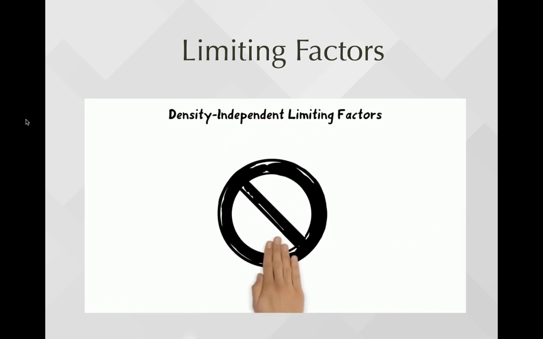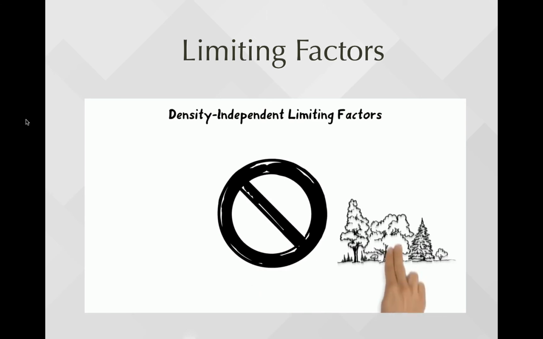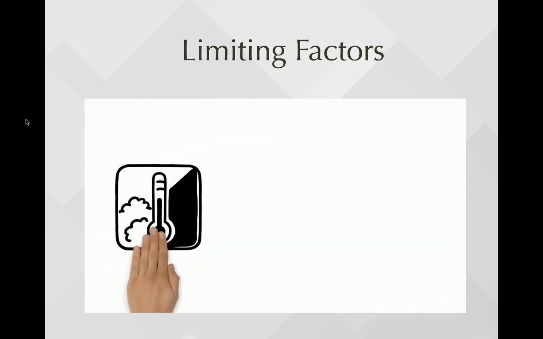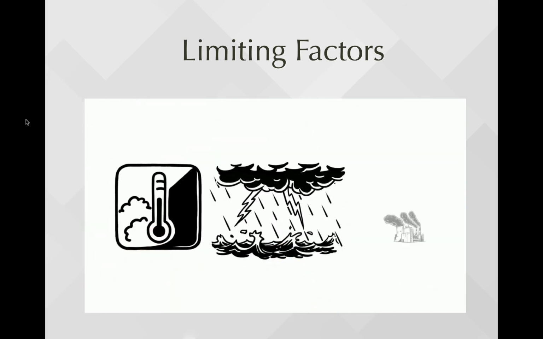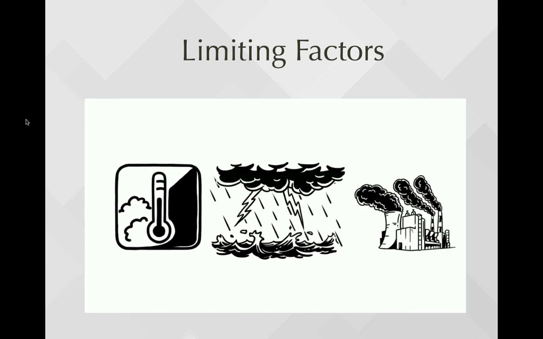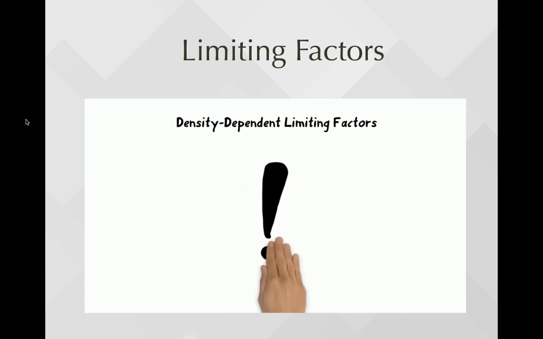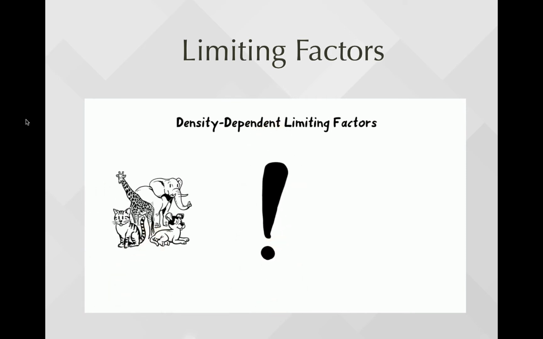Some limiting factors are called density independent. These factors are not affected by how many organisms are in a population. Temperature, floods, and pollution are all examples of density-independent limiting factors. Other limiting factors are only important if the population size or density gets too big.